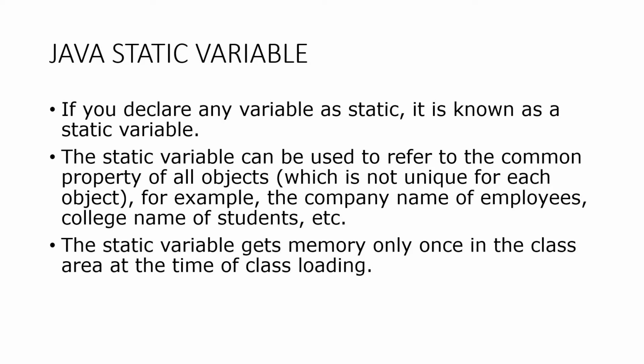Company name, college name, it is specific to that class, but a student name, it is specific to that object. But college name belongs to the entire class. The company name belongs to the entire class. The static variable gets memory only once in the class area at the time of class loading. Static variables save a lot of memory as well.